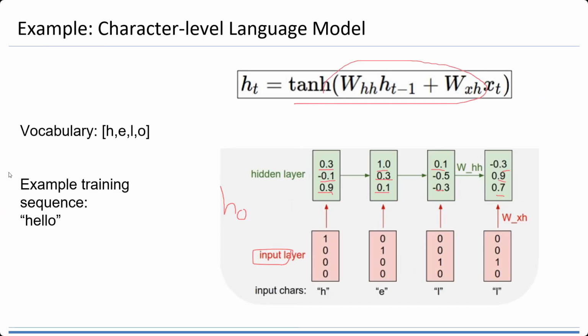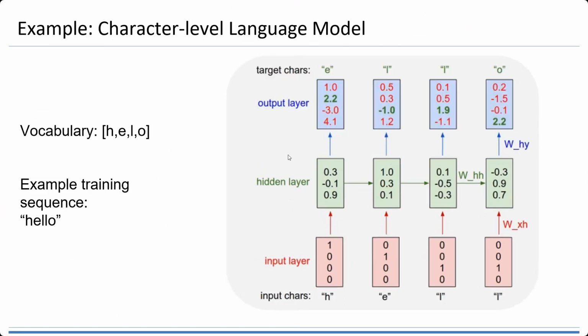After we have the hidden state for every step, let's say we have the output layer. The output refers to some values like 1, 2.2, minus 3.0, 4.1, and so on.